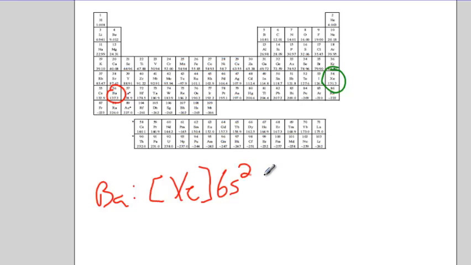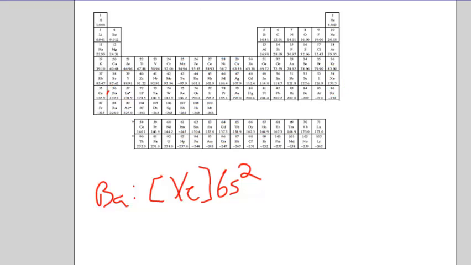So it's xenon 6s2, which is a heck of a lot easier than saying 1s2, 2s2, 2p6, 3s2, 3p6, 4s2, 3d10, 4p6, 5s2, 4d10, 5p6, 6s2. Noble gas configuration is a lovely thing.